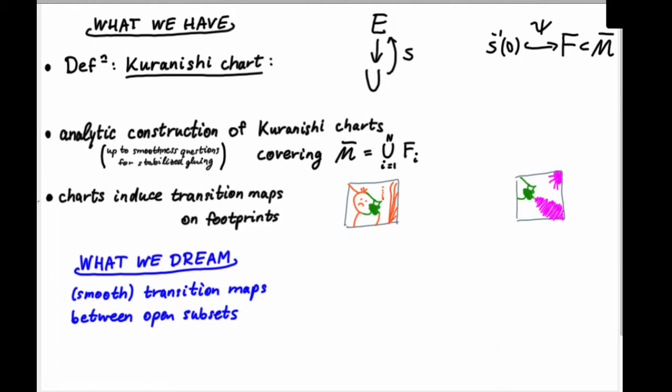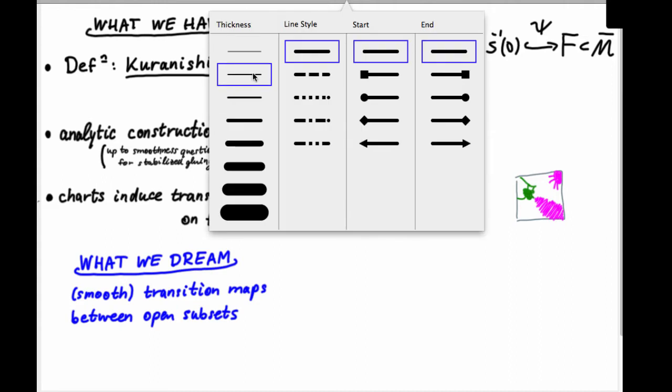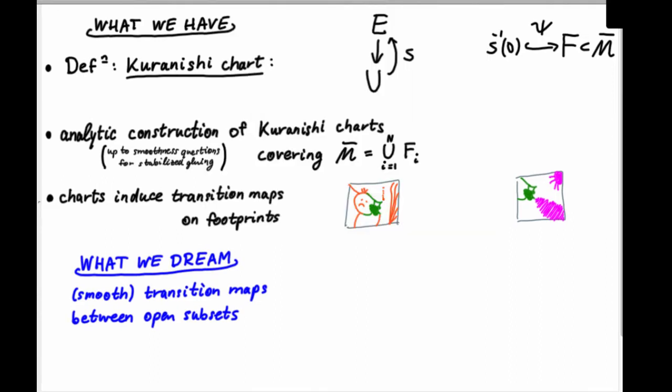A bunch of things are happening here. I have a lot of open subsets of my moduli space that cover it eventually, hopefully. I want an open cover, to have an atlas in the end.